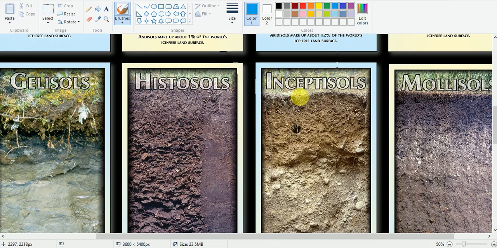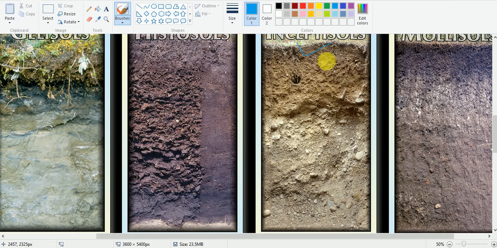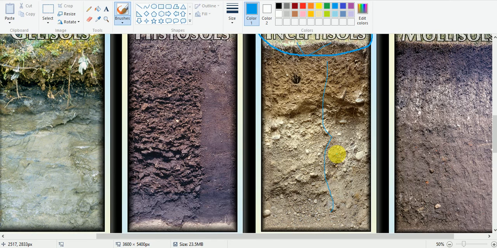This layer, see here, this is Inceptisol. I think you may be seeing it. Yeah, this is Inceptisol. So it has weak layers.